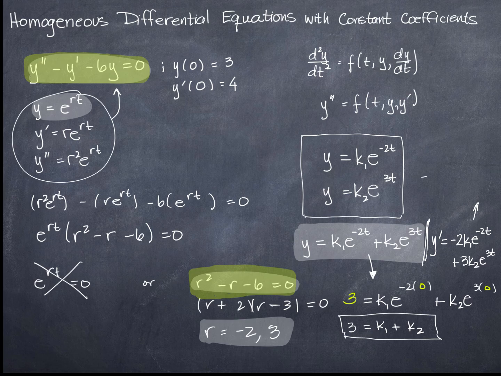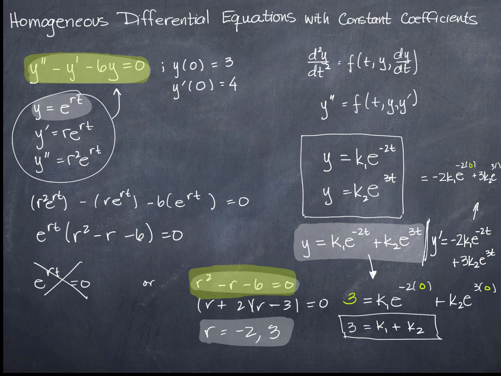So let's leave that. y prime is equal to negative 2k1 e to the negative 2t, leave that empty, plus 3k2 e to the 3t. And I'll leave that empty. Boy, I can't write much smaller.